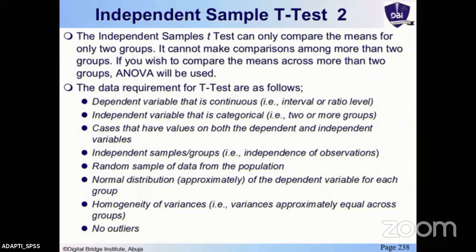But for independent samples, when you go to page 51, you will discover that the non-parametric alternative there is the Mann-Whitney U test. Okay, Mann-Whitney U test or the Kolmogorov-Smirnov Z test. So any of these two tests can serve as the alternative to the independent sample t-test.